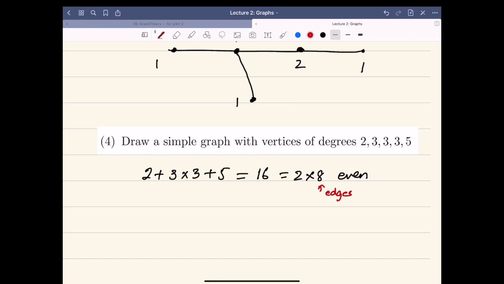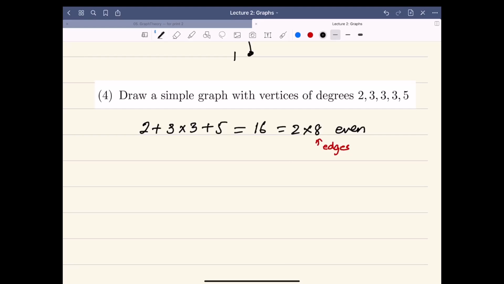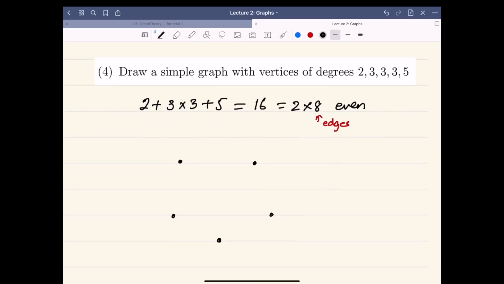Now if you try to draw it, remember you have 5 vertices. So let us draw it. This is 1, this is 2, this is 3, this is 4, and this is 5. Now if I want to draw edges between vertices, since loops and parallel edges are not allowed, the maximum number of edges that I can connect for a vertex to other vertices will be equal to 4.